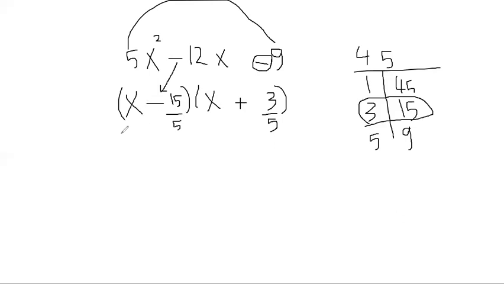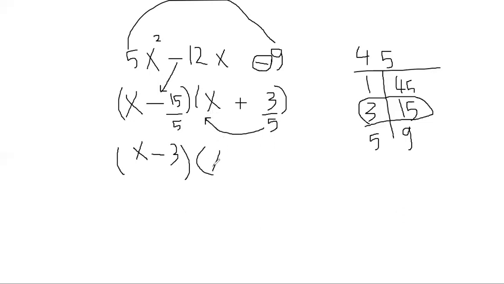Now simplify. You will find that 15 is divisible by 5, so 15 over 5 is 3, and here 3 cannot be divided by 5, so you will write this 5 as a coefficient of x.